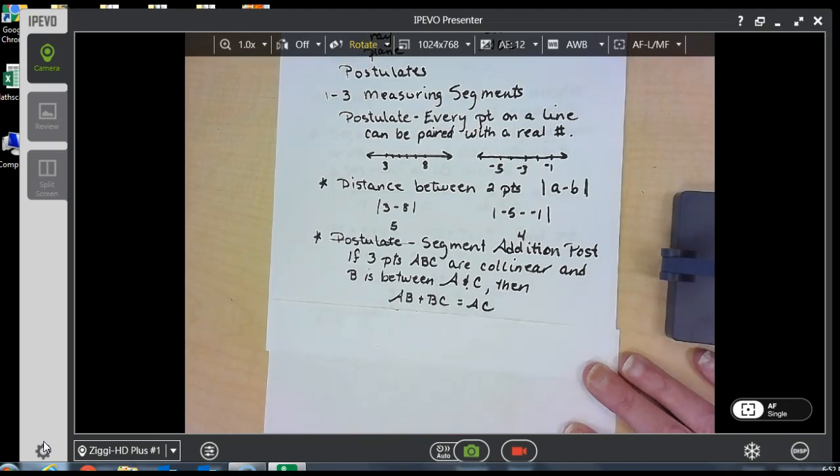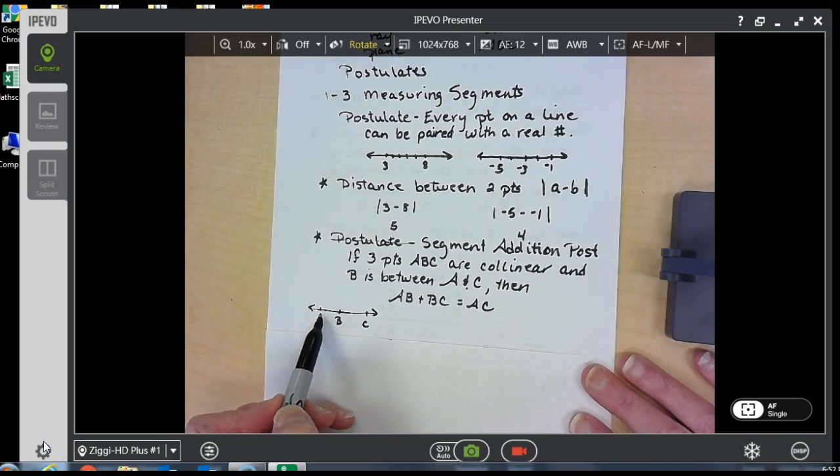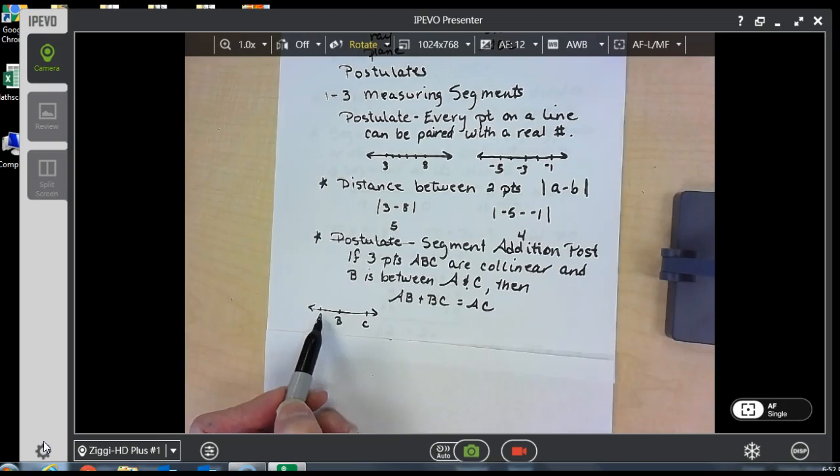We can take our segments and add them together. So if we look over here and we have our B is between A and C, if I know my value of AB, I can add it to BC and I get the whole length of AC.